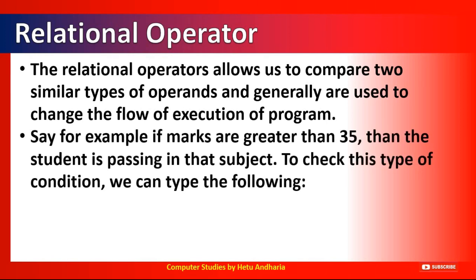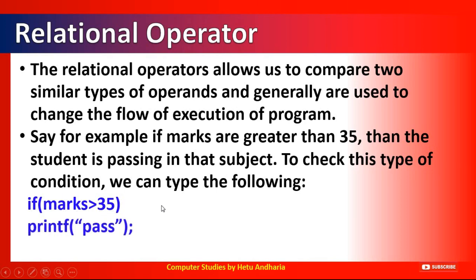For example, if the marks are greater than 35, as I had taught you in Microsoft Excel, then the student is passing in that subject, so print pass. To check this type of condition, we type: if (marks > 35) printf("pass").